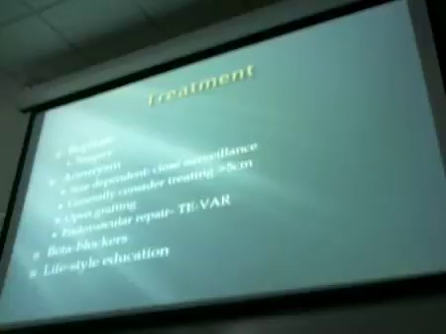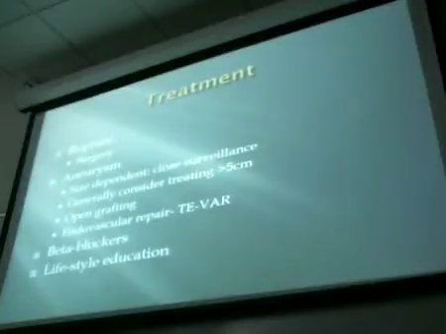Treatment. If you rupture, don't pass go, you're going to surgery, right? Typically a CT has been gotten by the ER doc. Somebody has seen them.